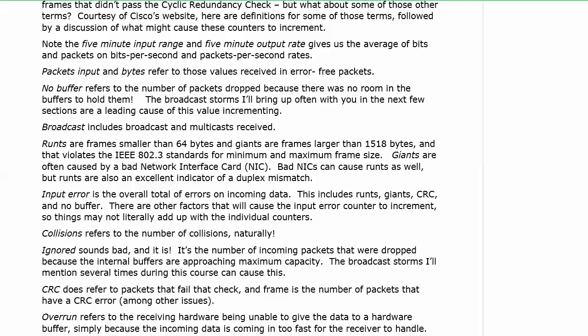The problem is the incoming data is coming in too fast for the receiver to handle. It's not necessarily a broadcast storm, but it's just like a river coming in too fast. At some point the dam can't hold it back any further. Well, an overrun is simply that data is coming so fast that some of it's just getting thrown out. We can't handle it. The receiving hardware literally can't do the job.